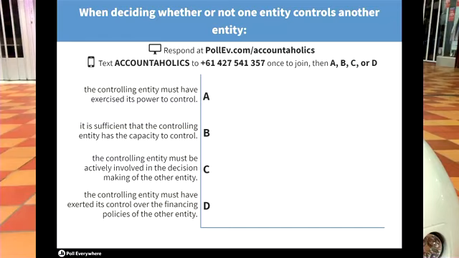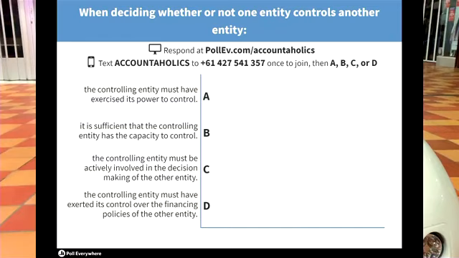It's sufficient that the controlling entity has a capacity to control. As long as they have the capacity and their rights are substantive and they have the practical ability to do that, that's good enough. They don't really need to exercise their power to make sure they are controlling. As long as potentially they are there, that's good enough.